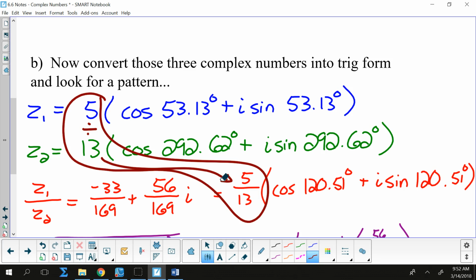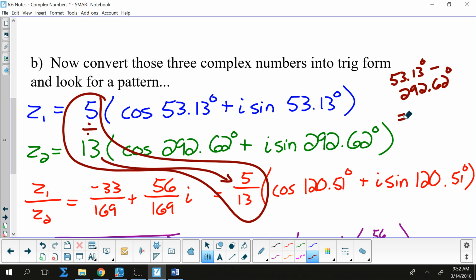Go back to the multiplication one, right? When we were multiplying two complex numbers, we took r times r and we added thetas, right? Dividing, we divided. So would it logically flow that if we subtracted theta? What if I subtracted 53.13 minus 292.62 in degrees?